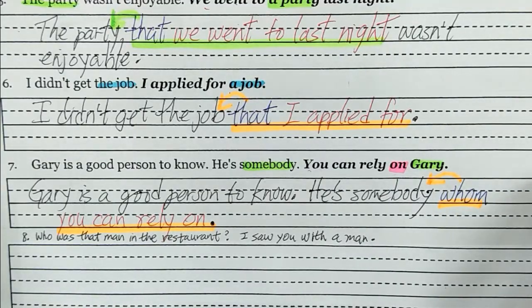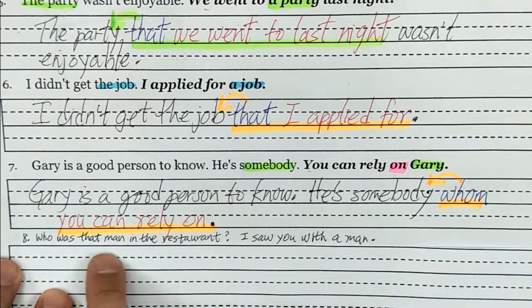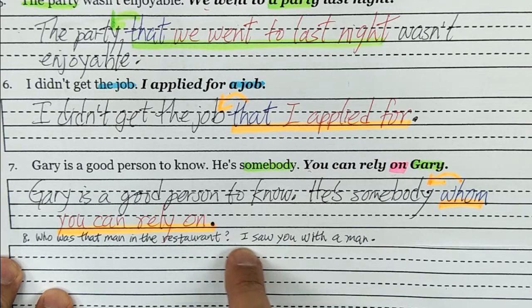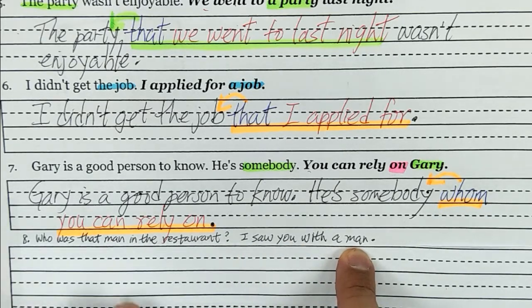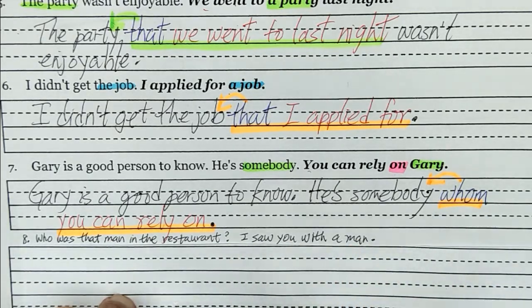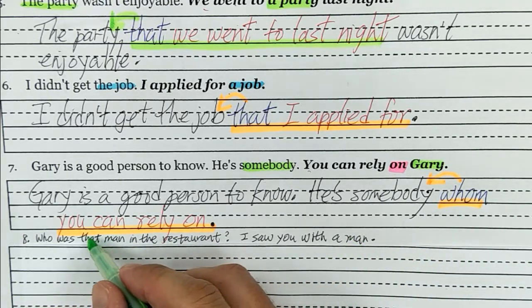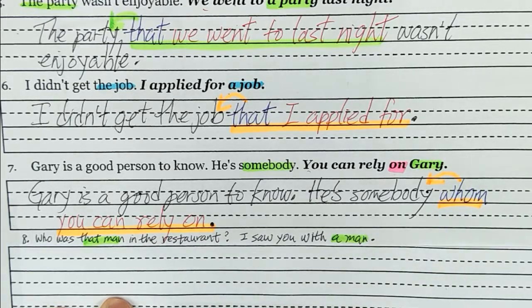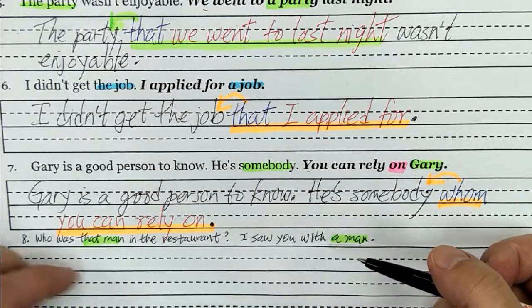All right, number 8. Who was that man in the restaurant? I saw you with a man. Well, what's the same in each sentence? That man, a man. Okay, let's combine these two sentences.